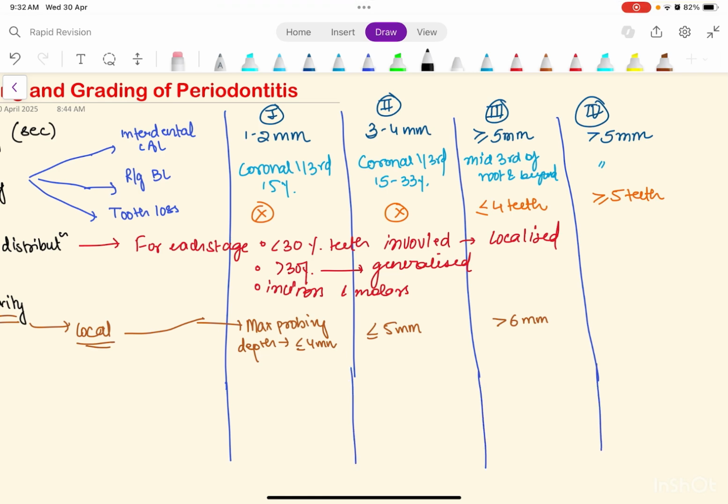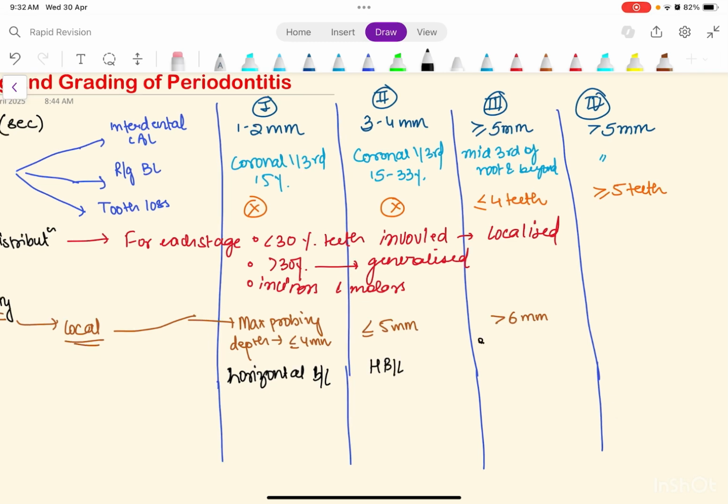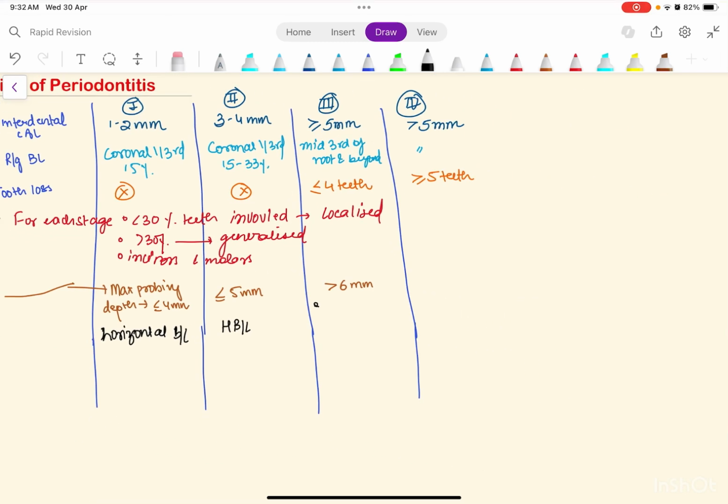In bone loss, in stage 1 you have horizontal bone loss, and the same in stage 2, horizontal bone loss. Now in stage 3 you have to remember these facts: vertical bone loss greater than 3 mm, then class 2 and 3 furcation involvement, and a moderate ridge defect.